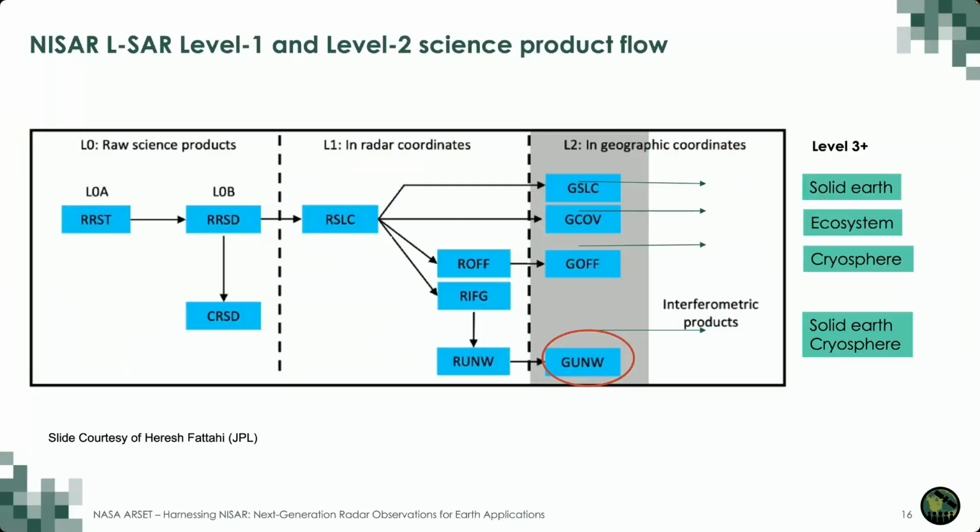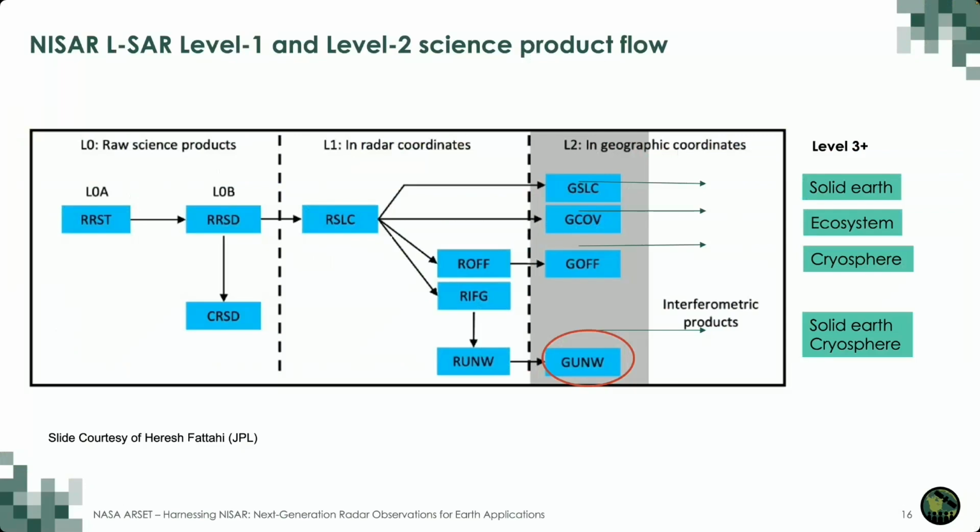It's a range Doppler SLC. There's a geocoded covariance matrix, the GCOV. That's the amplitude images with radiometric terrain correction that's used by ecosystems and other studies of the radar amplitude.